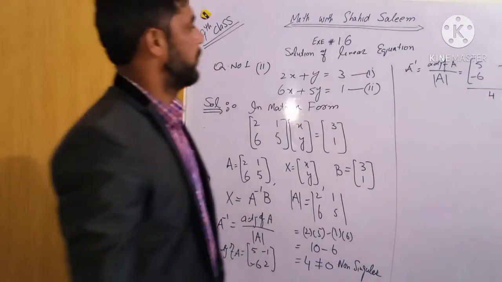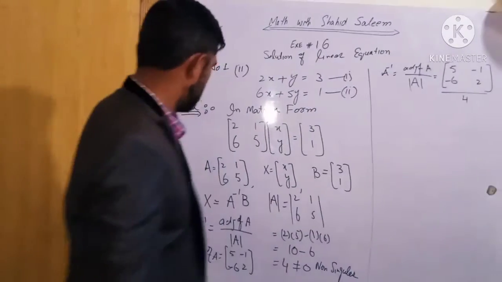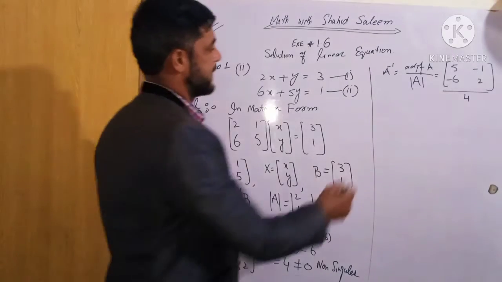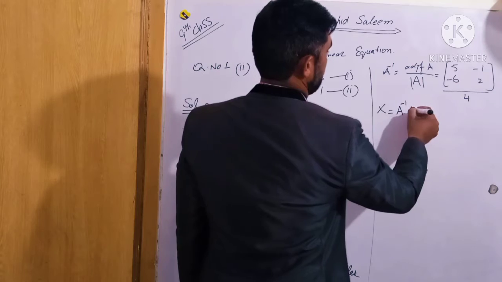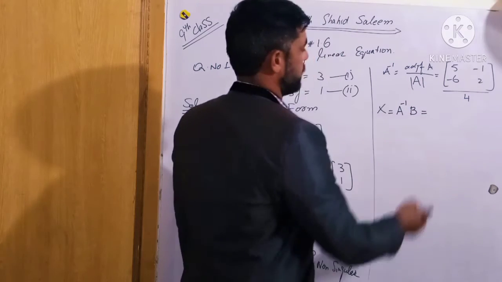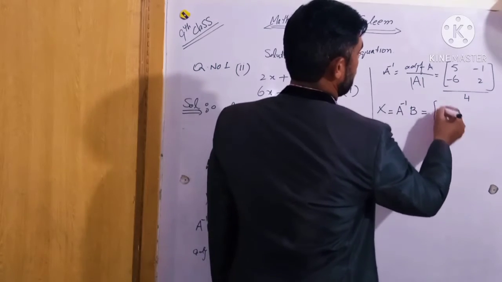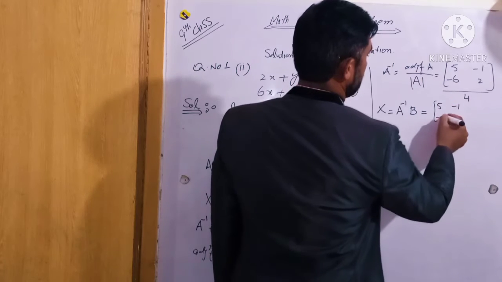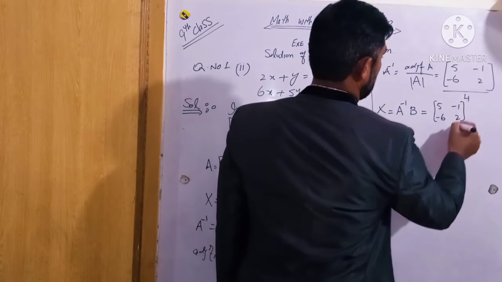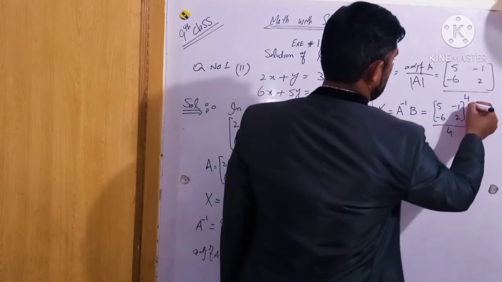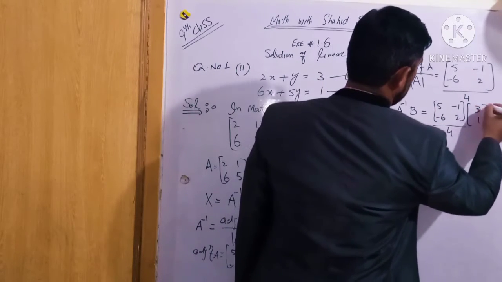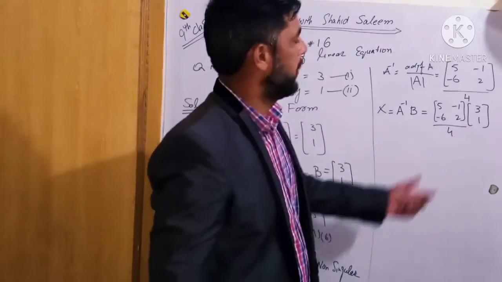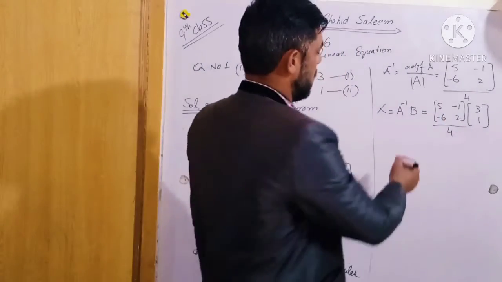Now we are putting the value of A inverse in the formula of X. X equal to A inverse B, which is equal to A inverse, [5 -1; -6 2] over 4, and B multiply. B is [3; 1]. We multiply these two matrices.